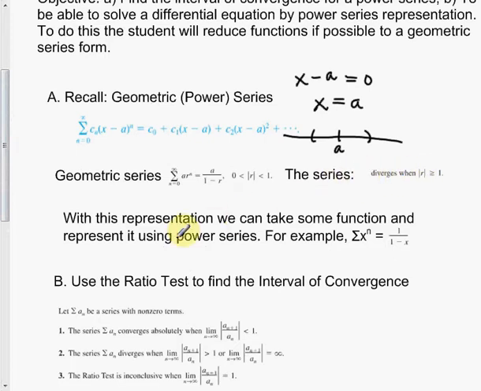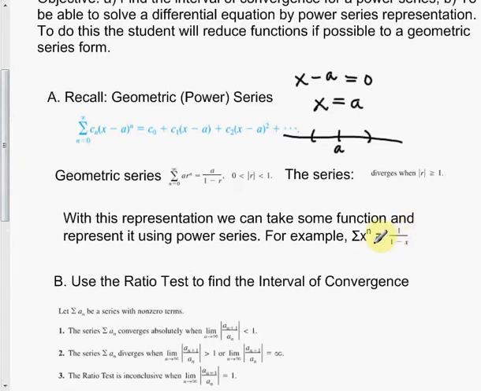So with this representation, you recall something from Calculus 2, that we're able to write the summation of x to the n, as n goes from 1 to infinity, or particularly from 0 to infinity, to make this a geometric series. This is the same thing as 1 over 1 minus x.